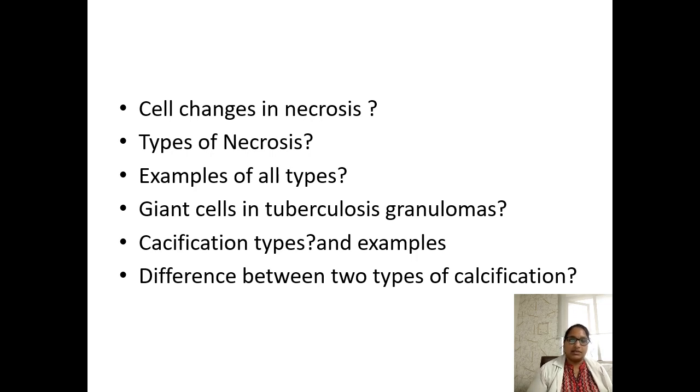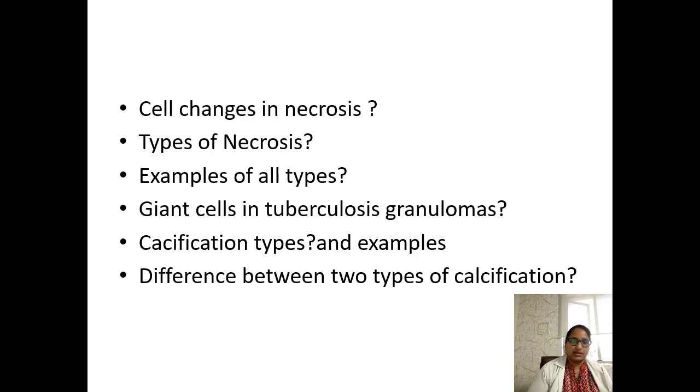The causes are milk alkali syndrome, hypervitaminosis D, and hypercalcemia of infancy, and the organs commonly involved in metastatic calcification are kidney, cornea, blood vessels, lungs, etc. And the types of giant cells we see in tuberculous granuloma are the Langhans type of giant cells, where we see a horseshoe-shaped arrangement of the nuclei, whereas in foreign body giant cells, we see haphazardly arranged nuclei.